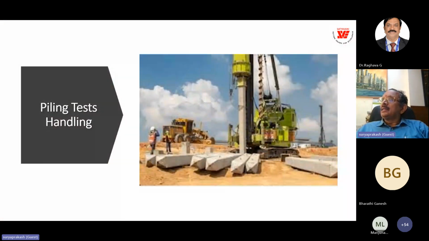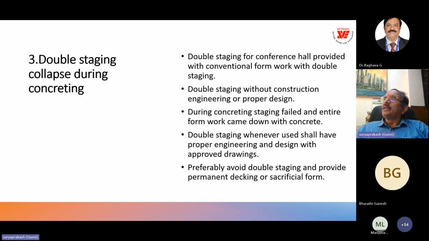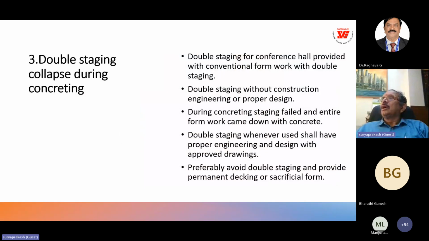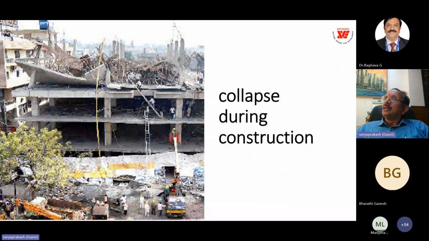Next is piling test handling. This is another area where in most cases we have piling test failures and overturning of piling rigs also. Next is the double staging collapse during concreting. This happens when people concrete because of a lack of counter props in the slabs.